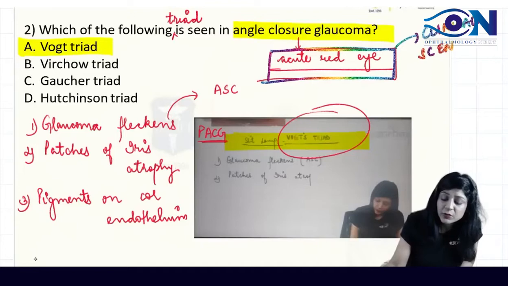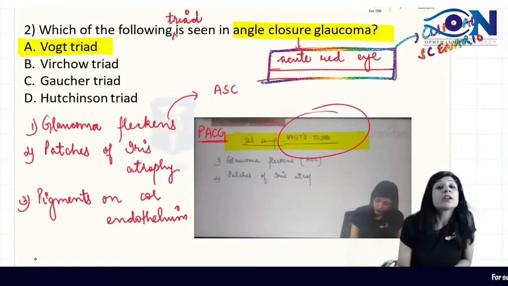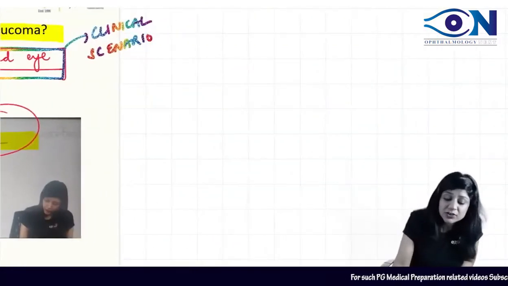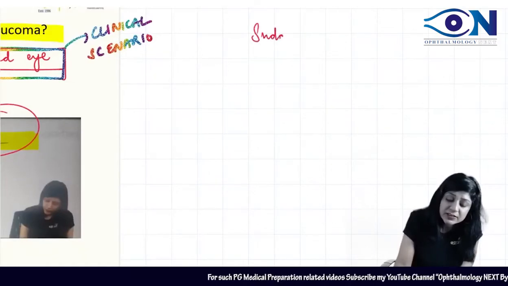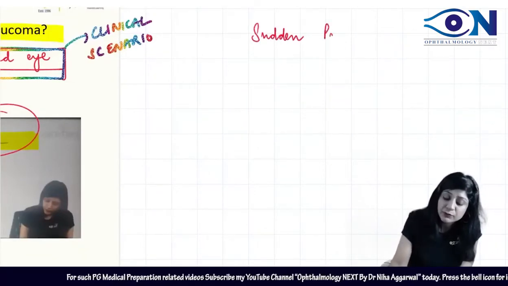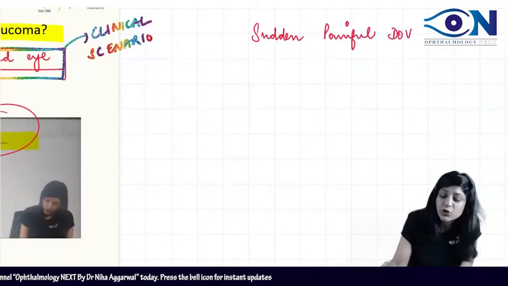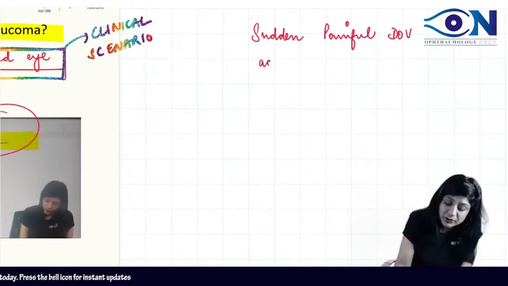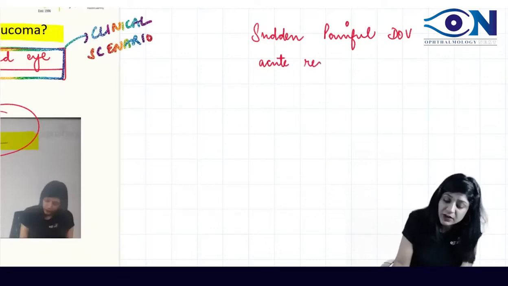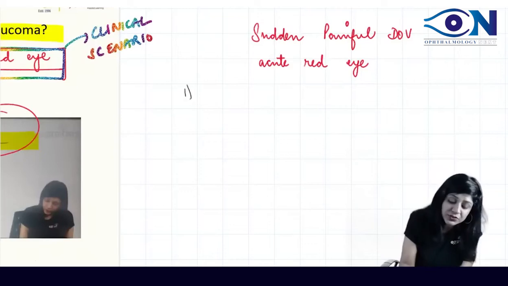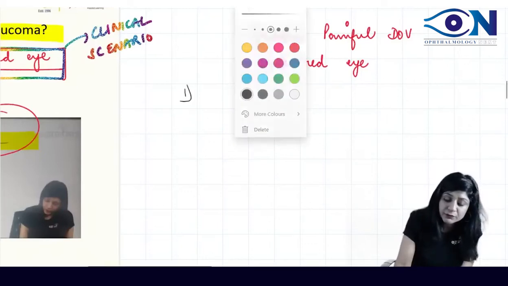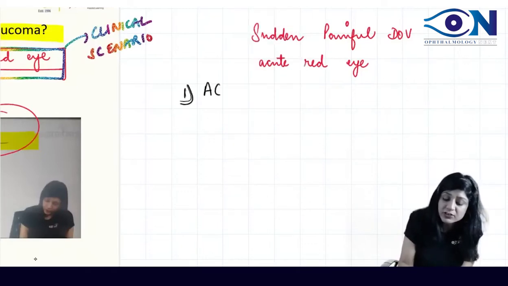So whenever you are getting a clinical scenario on acute red eye, when the patient is presenting with a sudden painful diminution of vision, or the patient is presenting with the acute red eye, what are the things you have to take into consideration? The first is your acute congestive glaucoma.